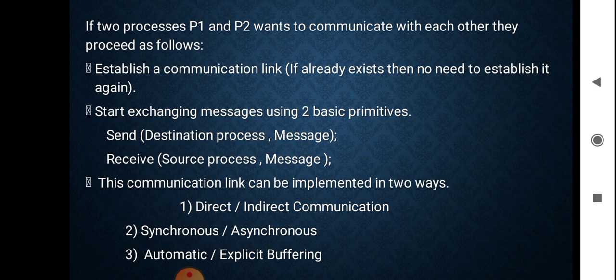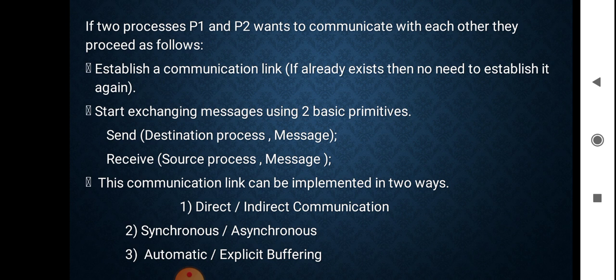The destination process is the process to which we are sending the message, and the message is the data you are transmitting. Similarly, receive is the second basic primitive. Receive contains the source process and the message. The source process is the one from which we are receiving the message, and the message is what we have received.